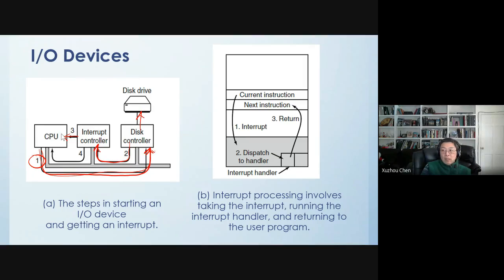That's step 3. If the interrupt controller is ready to accept the interrupt, it asserts a pin on the CPU chip and tells the CPU there's an interrupt. Then the interrupt controller puts the number of the device, that's the IRQ number, on the bus.